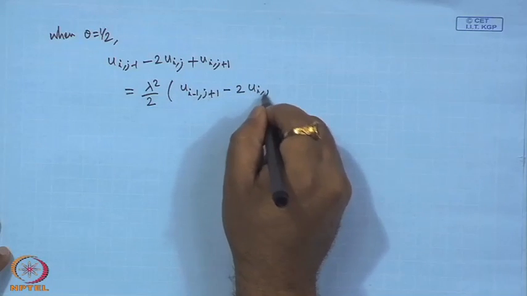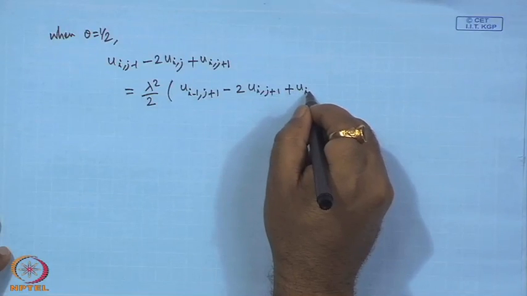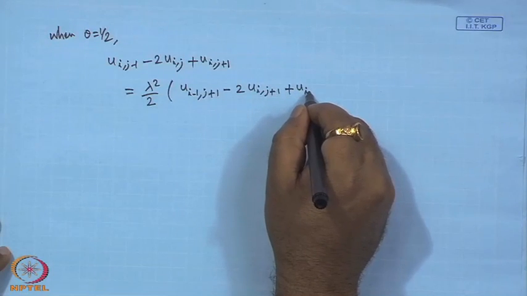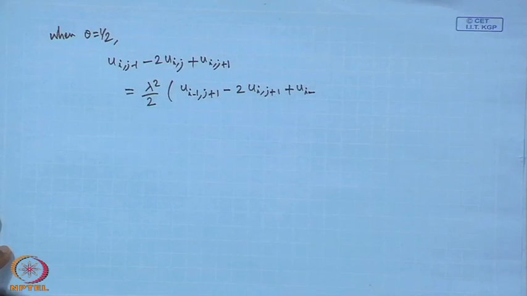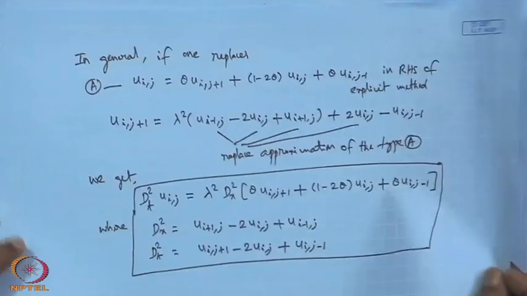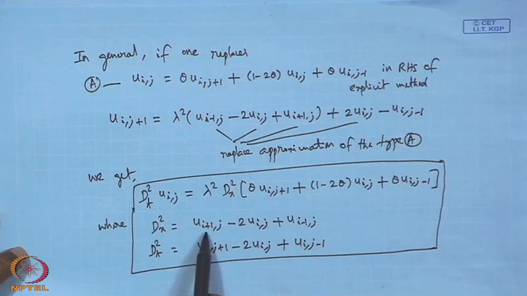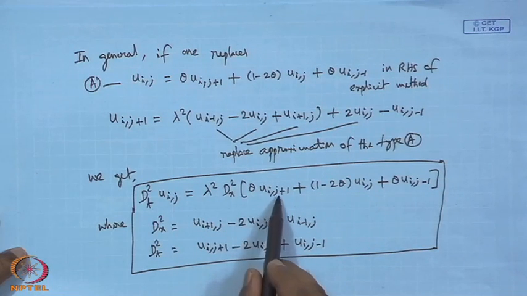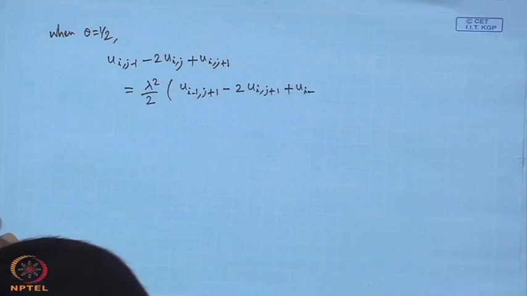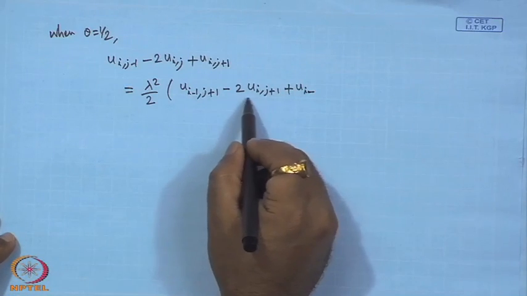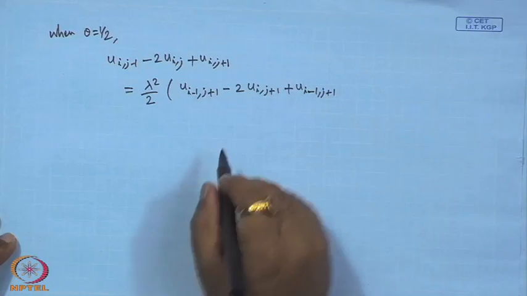Okay. So, this we get minus 2 I plus u I plus 1. Let me check one more time. So, this is on I j plus 1 and d 2 x. Therefore, I plus 1 j plus 1, I j plus 1, I minus 1 j plus 1.